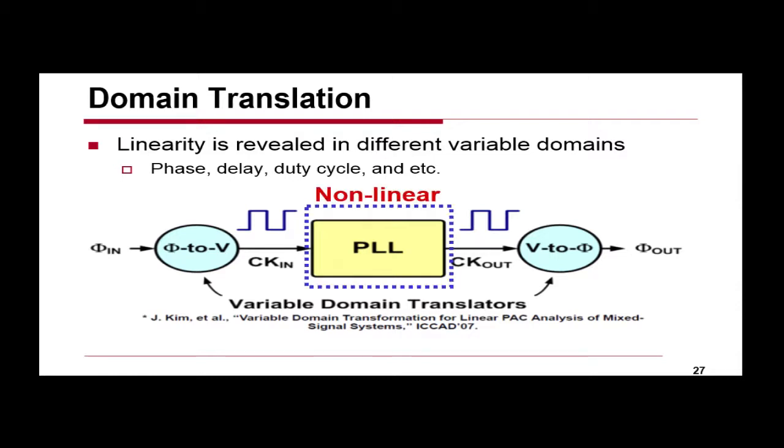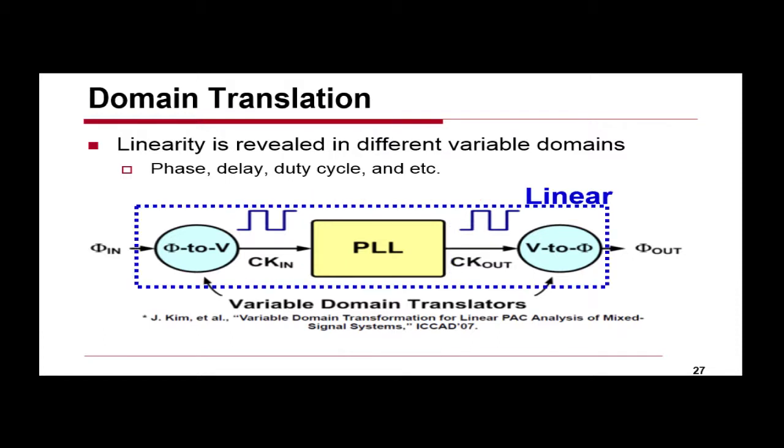So if you look at just the phase lock loop, that's completely nonlinear. And if you try to model that system, it's going to be very hard if you think about it from a voltage in to voltage out perspective. But if you've designed phase lock loops, you realize that the specs for phase lock loops are generally in terms of the phase transfer functions. So you look at the phase of the input waveform and the phase of the output waveform.